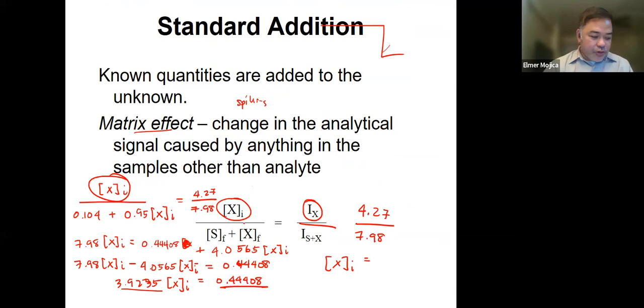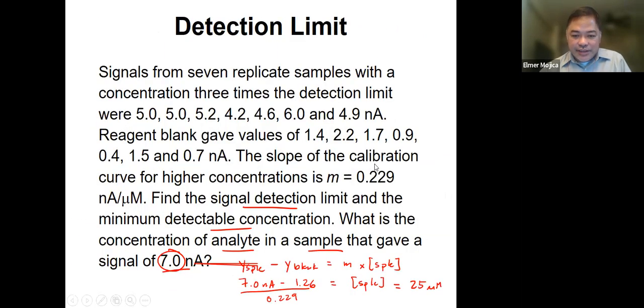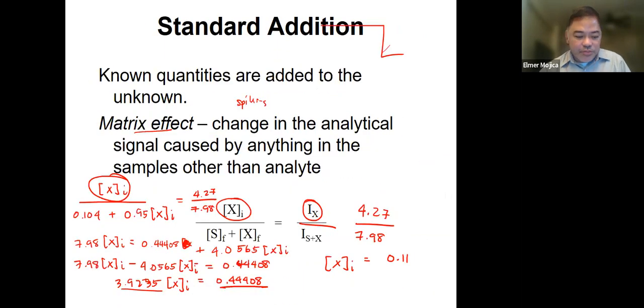So I get around 0.11. Now the question is how many will I use? So I need to use 3 significant figures. So that will be 0.113. 3 po.